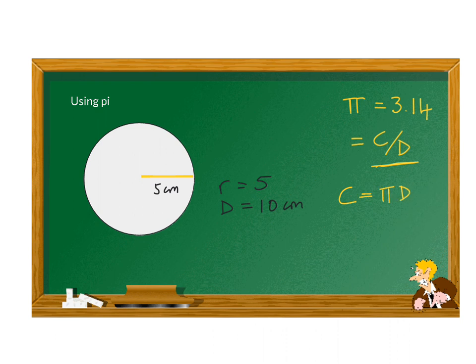So it's the diameter times 3.14. So in this case, the circumference would be pi, which is 3.14, times the diameter, which we worked out as 10. And so the circumference of this circle would be 31.4 centimeters.